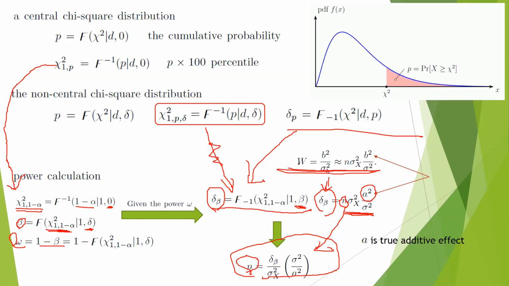This is how we calculate the Wald test, right? If this is not equal to 0, this will give you the non-centrality parameter calculation.